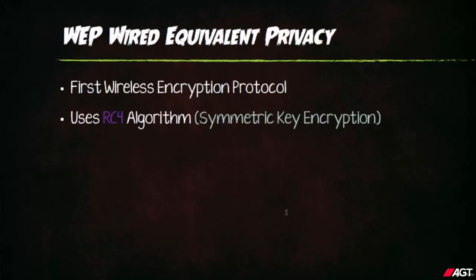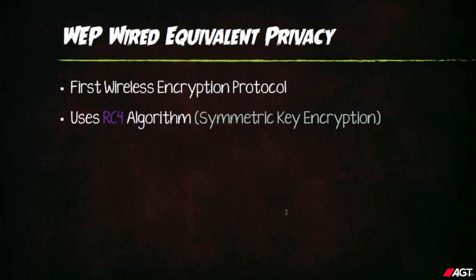So far we have seen how we can sniff networks and how we can deauthenticate clients from networks. Now we are going to start working on networks which are encrypted. The first encrypted protocol in our list is WEP, which is known as Wired Equivalent Privacy.